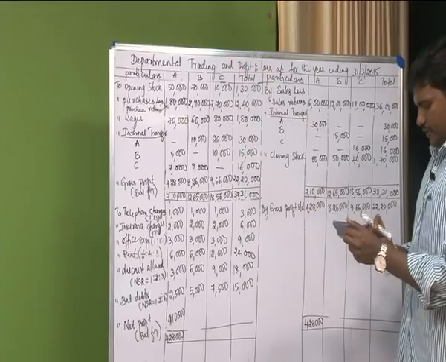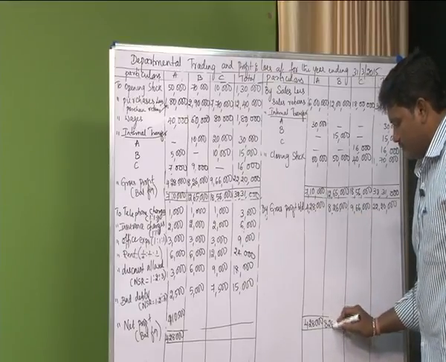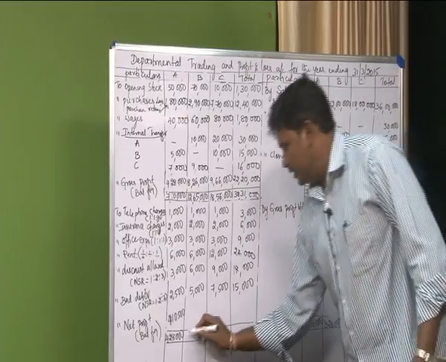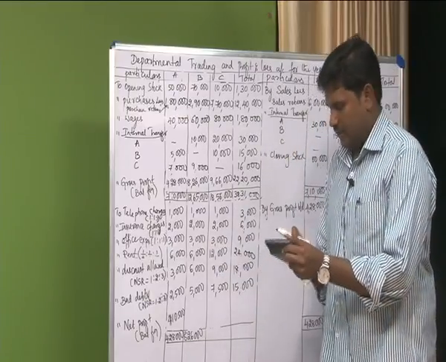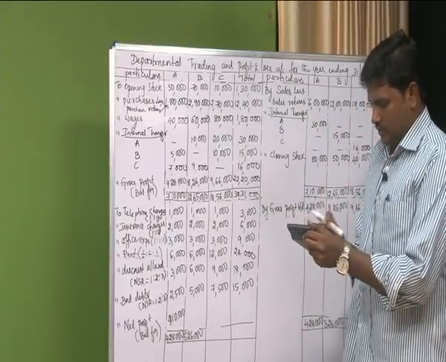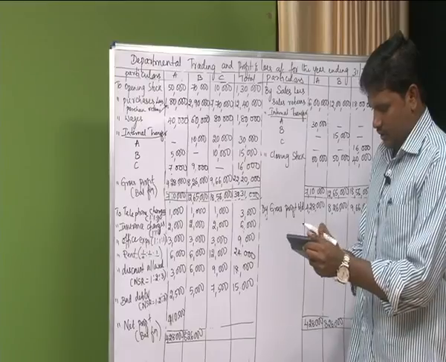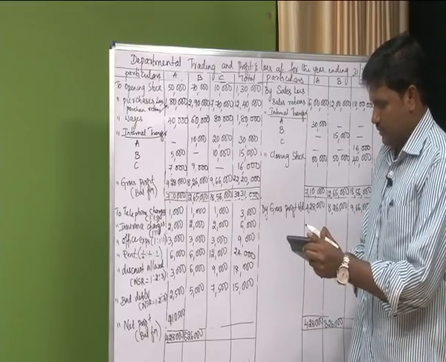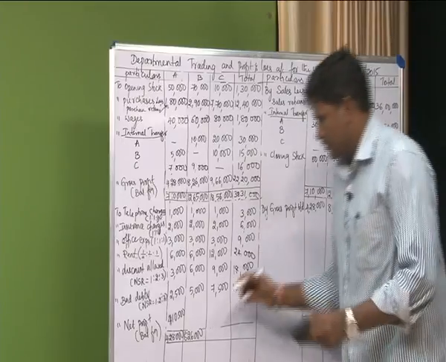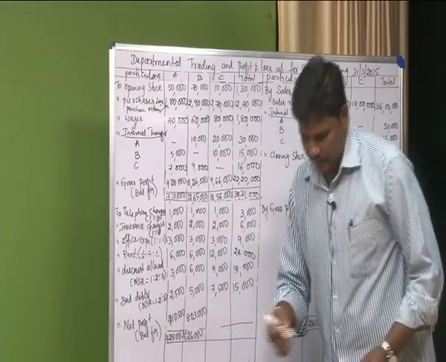Then the total of department B, 8,26,000, minus all these expenses: 1,000, 2,000, 3,000, 6,000, again 6,000 and 5,000. We will get 8,03,000.